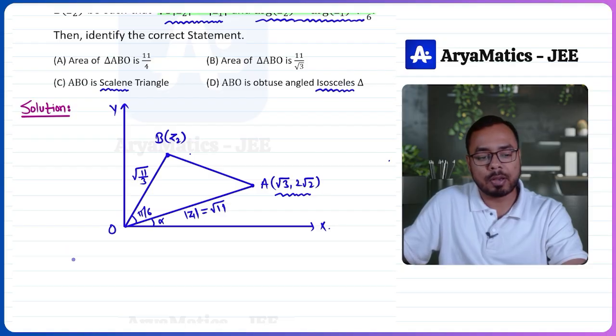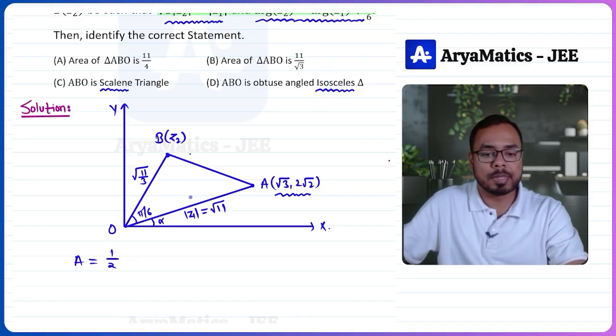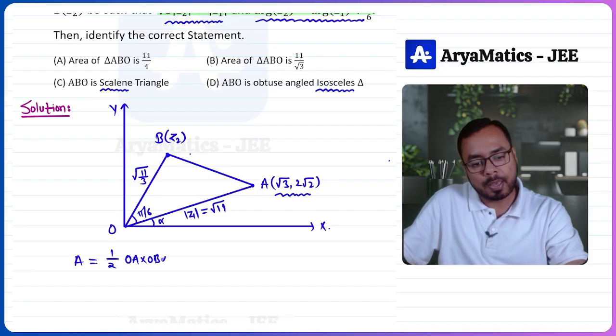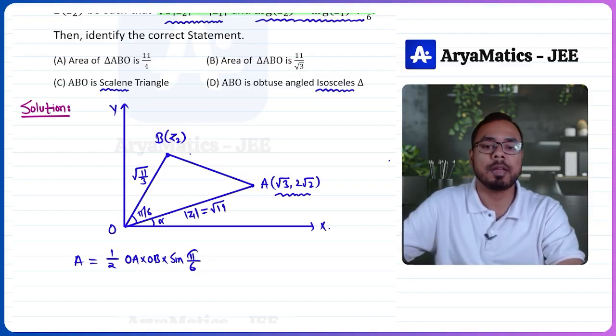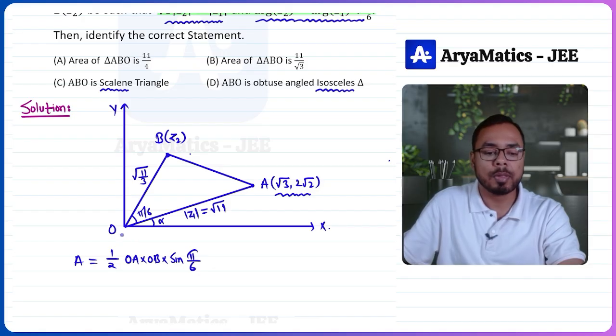So for finding the area of any triangle, the standard formula is half the product of any two sides, so one side is OA, another side is OB, into sine of the angle between those two sides. So that means sine pi by 6. This is the standard formula for finding the area of any triangle. Area of triangle AOB is half of OA into OB into sine of the angle between OA and OB.